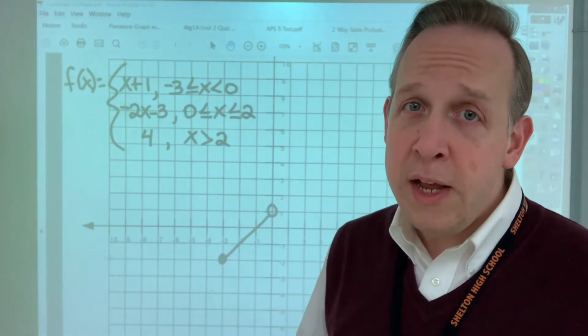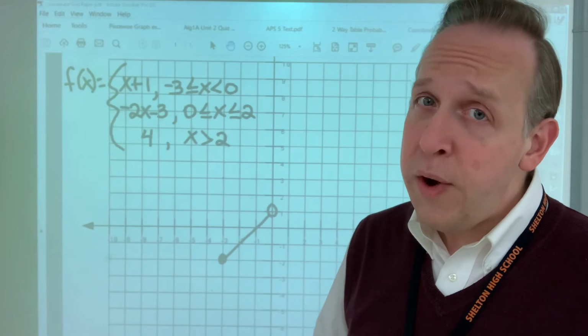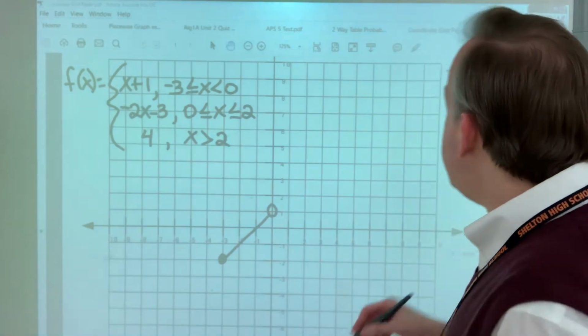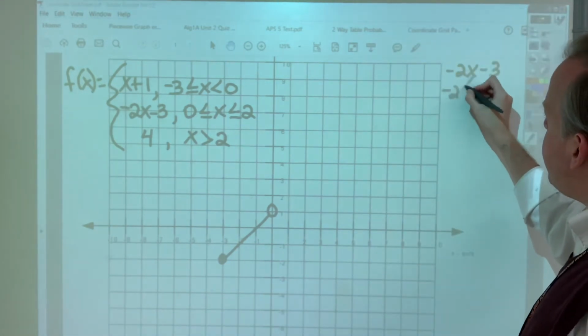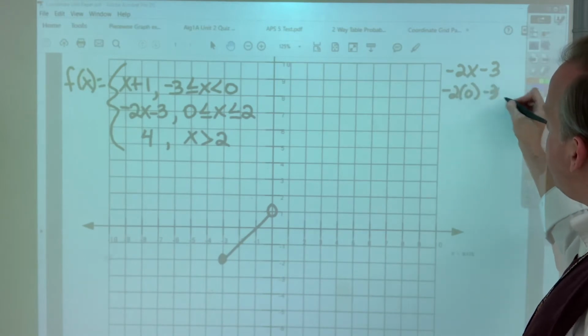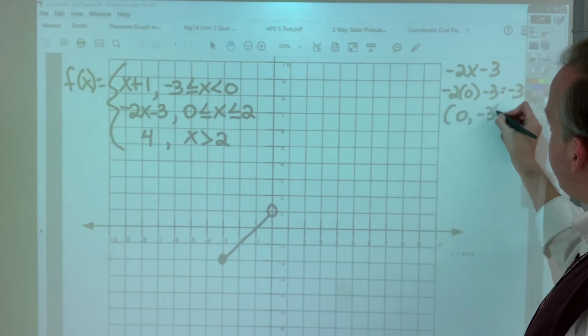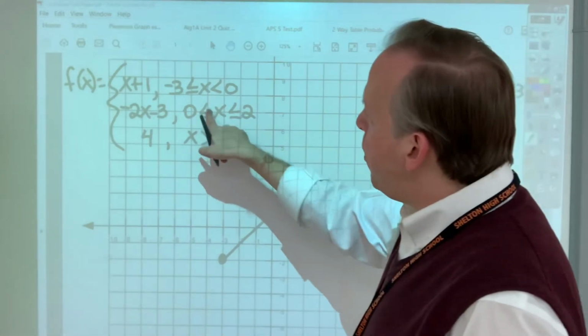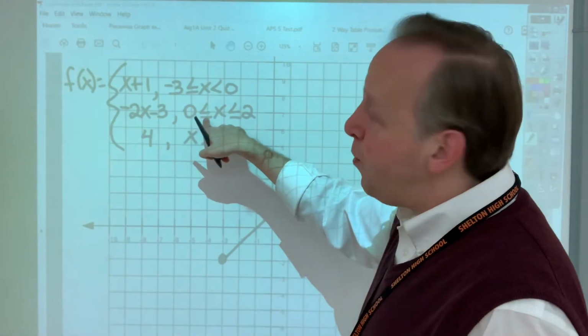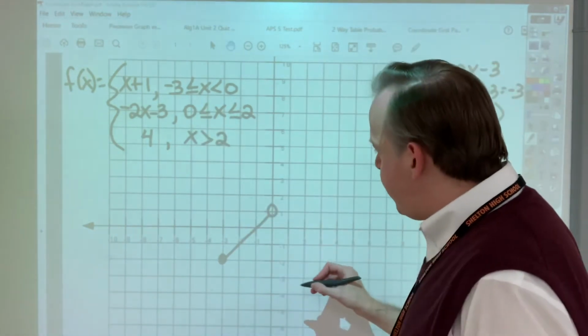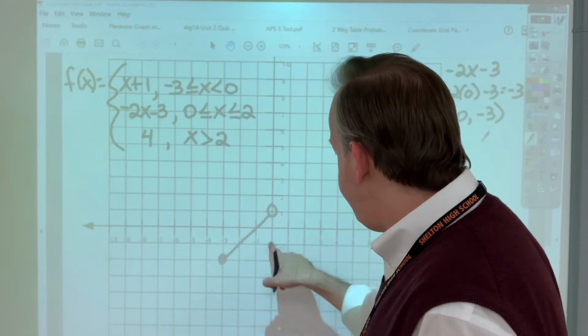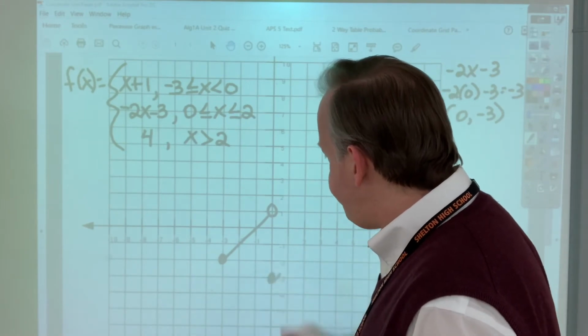I'm going to plug in where it begins and also where it ends to find the 2 coordinates. 0 first, -2 times 0 minus 3, and that is -3. So the coordinate is 0, -3. It's a closed dot because it says or equals. So at 0, -3, I'm going to have my closed dot.